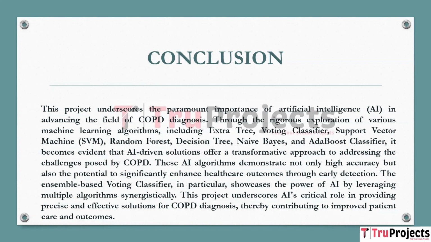Following a thorough examination of various machine learning algorithms such as extra tree, voting classifier, support vector machine, random forest, decision tree, naive Bayes, and AdaBoost classifier, it is clear that AI-driven solutions offer a transformative approach to addressing the challenges posed by COPD. These AI algorithms not only have great accuracy, but they also have the potential to dramatically improve healthcare outcomes through early diagnosis.